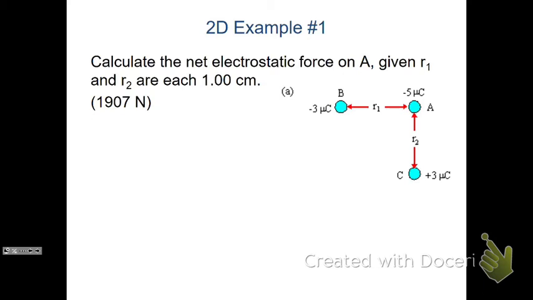Like we were doing on the last question, F net A is equal to the force of B on A plus the force of C on A. And again, we're going to be using Coulomb's law. Fe is equal to K Q1 Q2 over R squared.